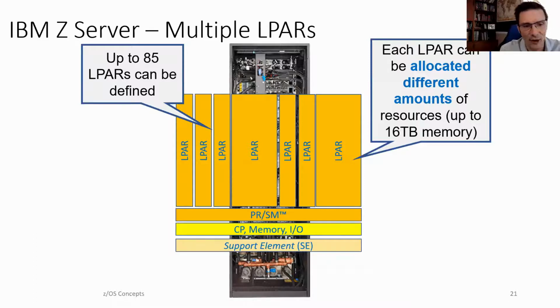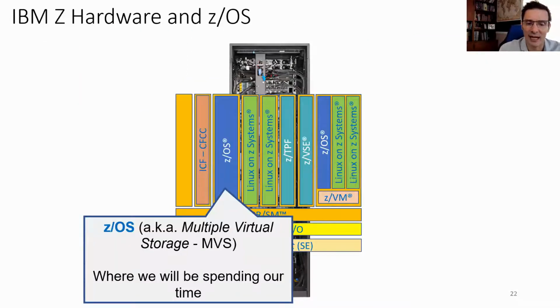So in each one of these LPARs, as we call them, you can run different instances of the operating system, and in fact, you can run different operating systems. We're going to be focusing on the zOS operating system, but there are others that run on the mainframe as well: Linux on Z, z/TPF, VSE, VM, and Linux and zOS can run on top of VM as what we refer to as a second level guest.